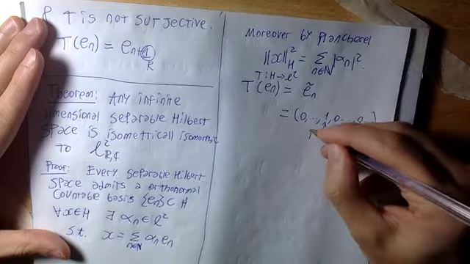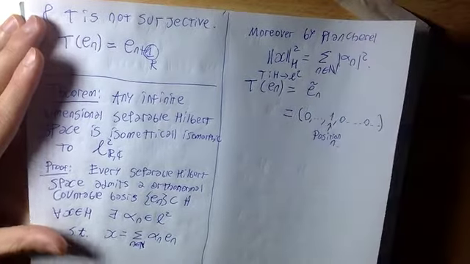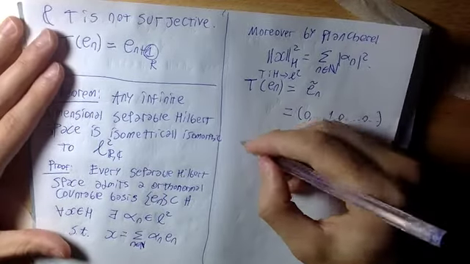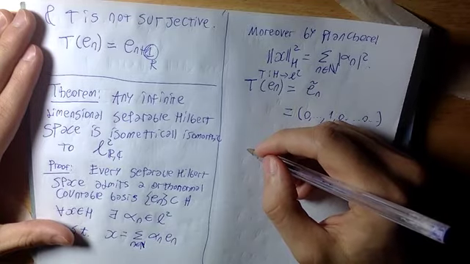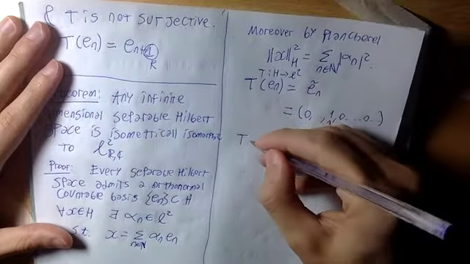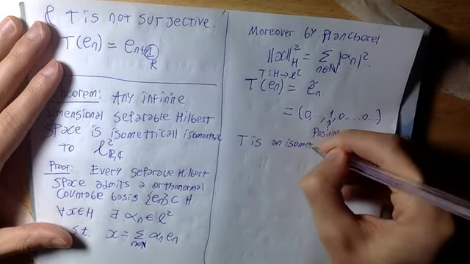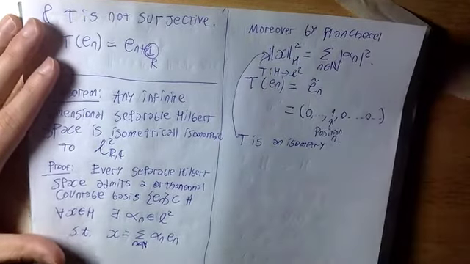Okay, and this is position N. Okay, so this is clear that T is an isometry. T is an isometry by this property here.